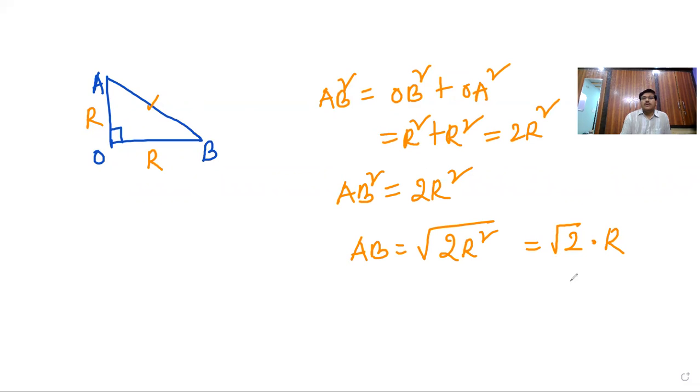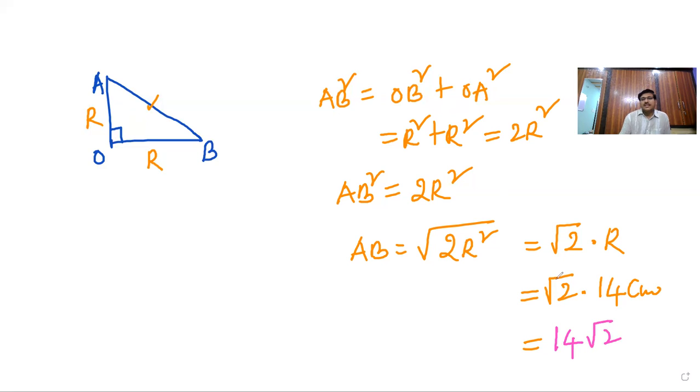Clear? Root 2 into R. What is R? R is the radius of the circle, which is 14 centimeters. So 14 root 2 centimeters.